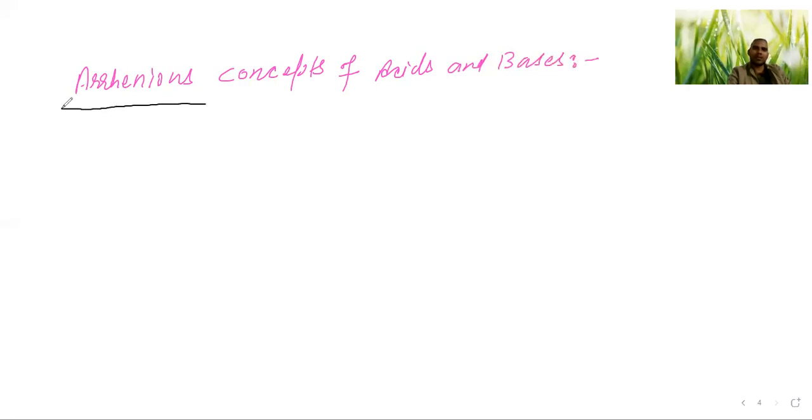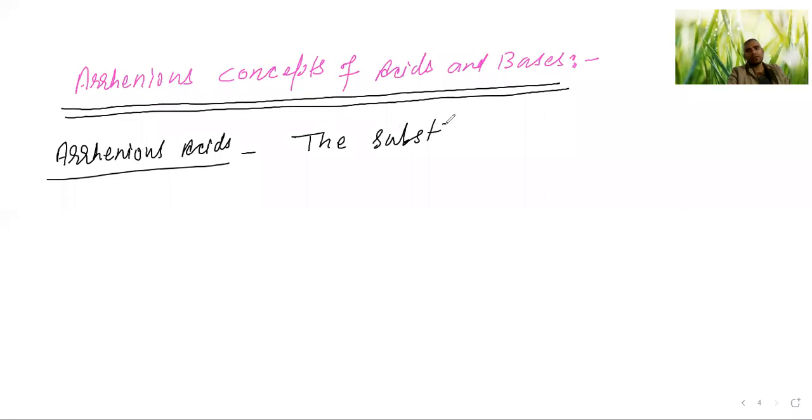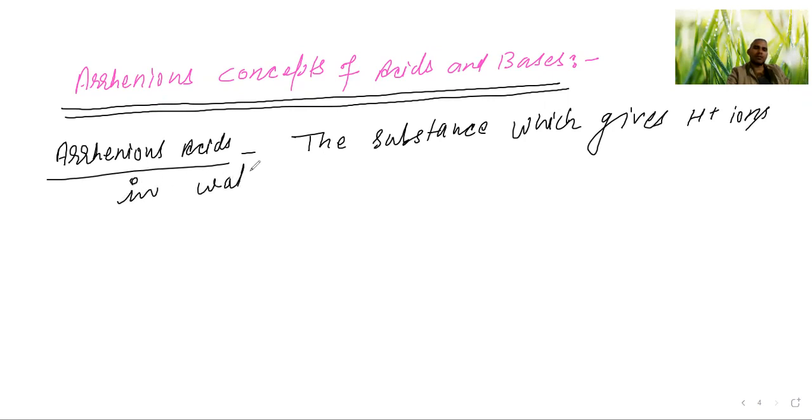So what will be our answer? Here you try to understand. We are going to define the Arrhenius concept of acid and base. Let us first understand the Arrhenius acid. The Arrhenius acid is the substance which gives H plus ions in water.